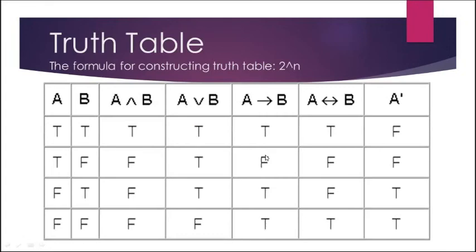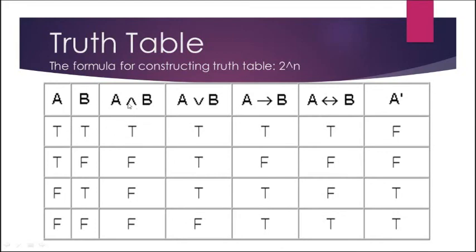So we have now your applications. The formula for constructing truth table, we have 2 raised to n. Okay, so statement A and statement B, 2 raised to 2, we have 4: 1, 2, 3, 4.